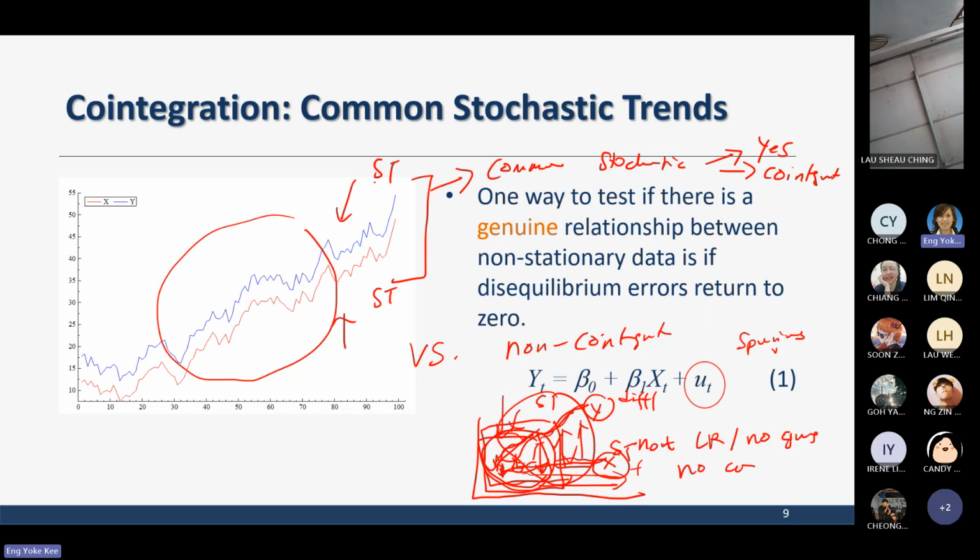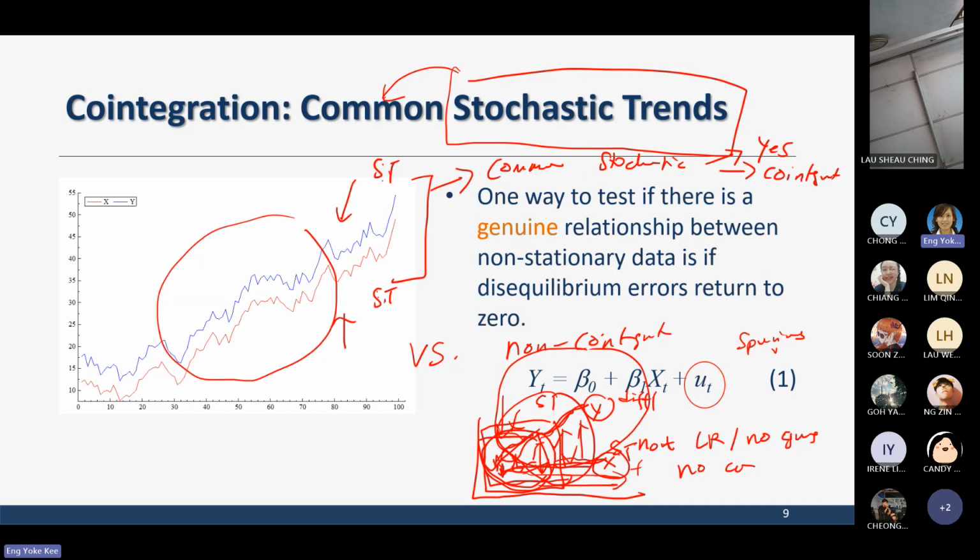So whether there is a long-run relationship between X and Y or not depends on whether the individual stochastic trends are common or not. If they are sharing the same trend, it means there is a co-integration, which means there is a long-run relationship. If they are not sharing the same common path, they will diverge from one another. That is the basic concept here.